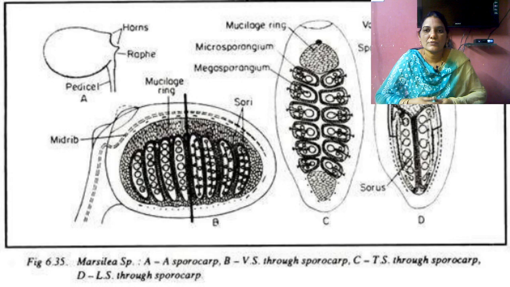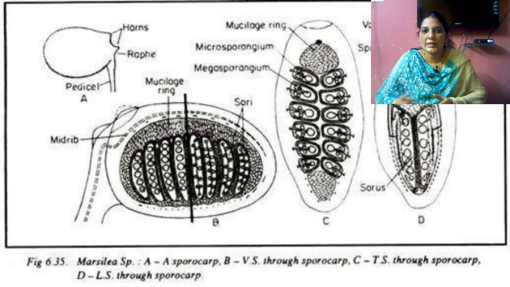Each sorus has megasporangium and microsporangium. The megasporangium produces megaspores, and the microsporangium produces microspores, and the sorus has 2 layers, 2 thick cell walls.